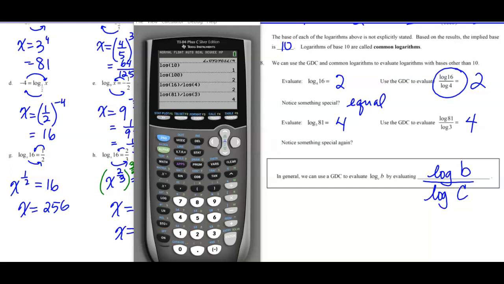We're going from a base of C to expressions with a base of 10, or it could be a base of 300. It doesn't matter as long as they're consistent. Your original argument stays on top, and your original base is now the argument of your denominator. We'll end up using this when we're solving, proving and simplifying later this week.